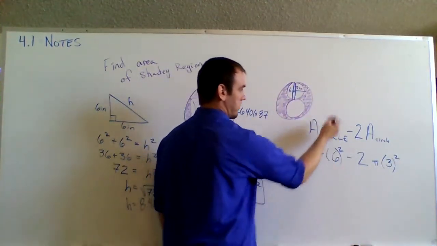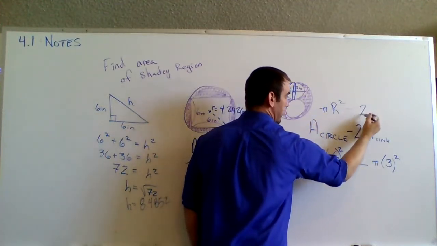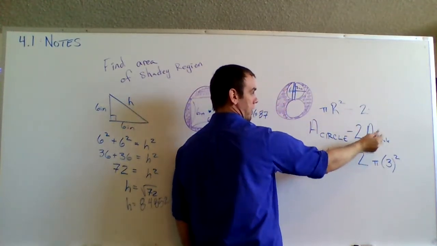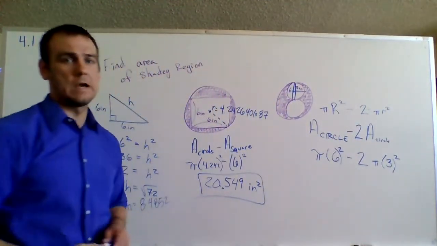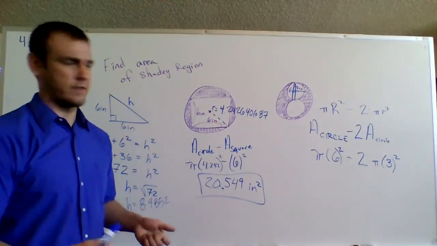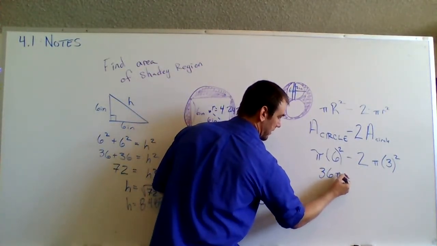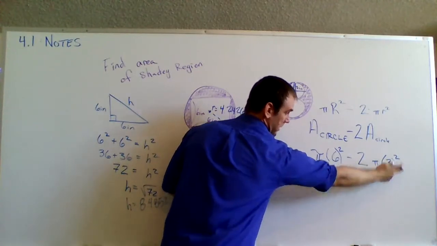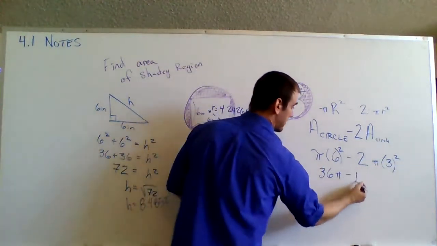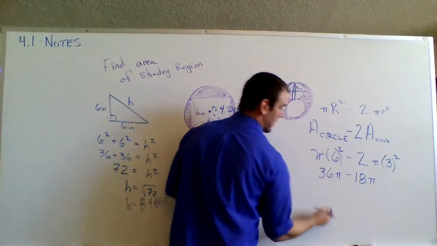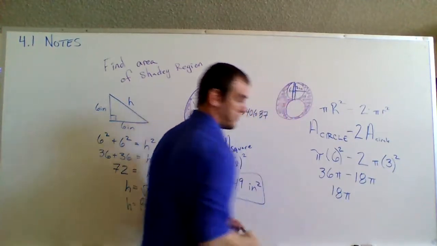Okay, so this was really pi r squared minus 2, since we have 2 little circles, 2 pi little r squared. Alright, hopefully that kind of makes sense. This is going to end up giving you 36 pi minus 3 squared is 9. 9 times 2 is 18. 36 pi minus 18 pi is going to give you 18 pi.